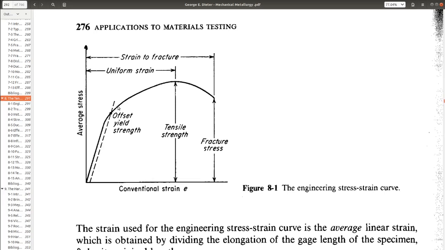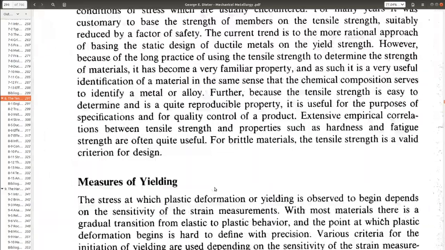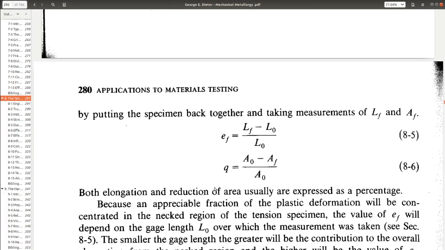If it fails somewhere at this point, then it's much less ductile and I cannot use it for some forming process. So if this strain is more, it's more ductile, otherwise it's less ductile. But we can also measure it using another equation.